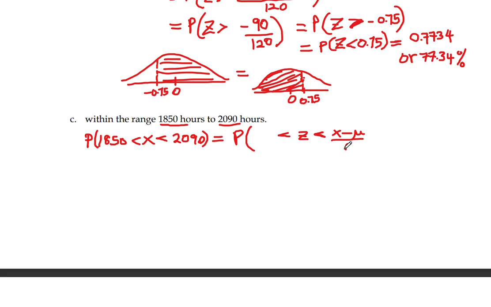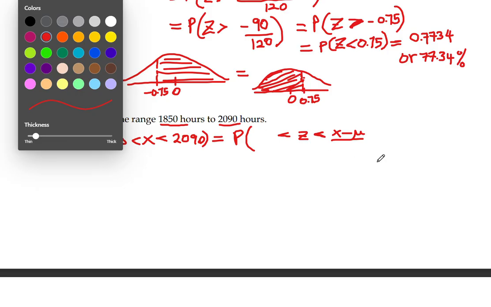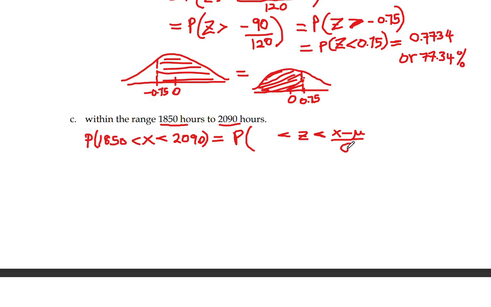We're going to write the formula where both of the values are, and of course we're replacing x with z because we have to standardize the results to allow us to read from the normal table. The formula is written twice because there are two values to standardize.